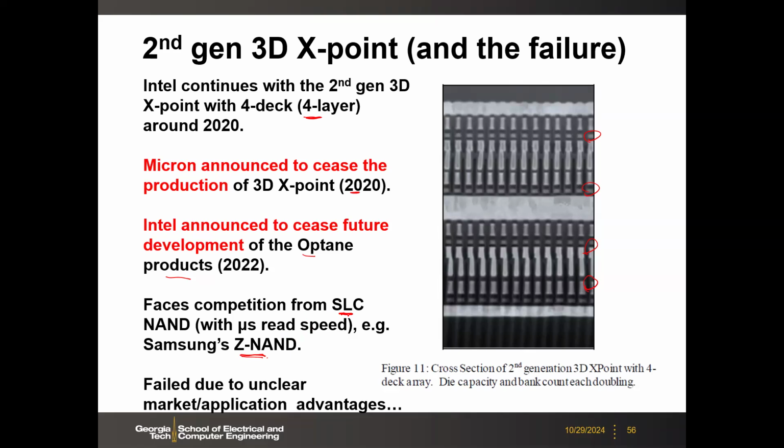If you just do single level 3D NAND, the speed could be pushed to microsecond speed, not too far away from this 3D XPoint, but the NAND is so cheap. So this kind of product faces competition from SLC NAND. Performance-wise, maybe a little bit better, but cost-wise it will be much worse than the NAND.